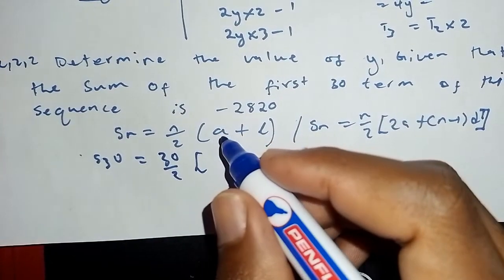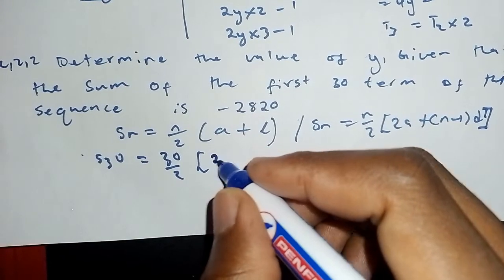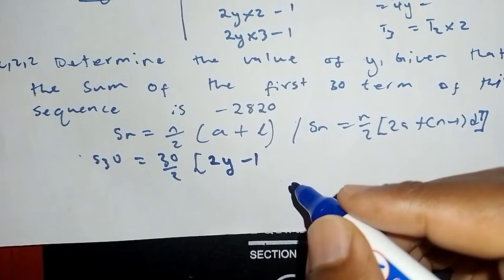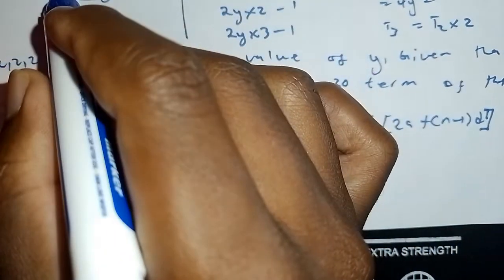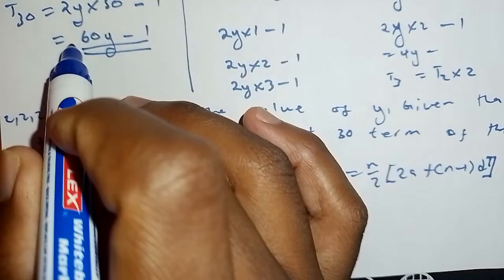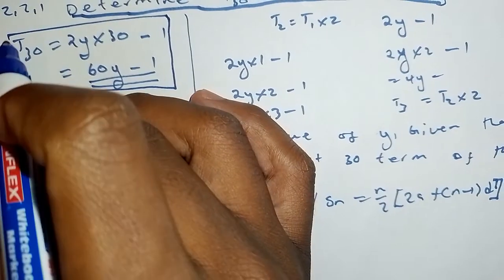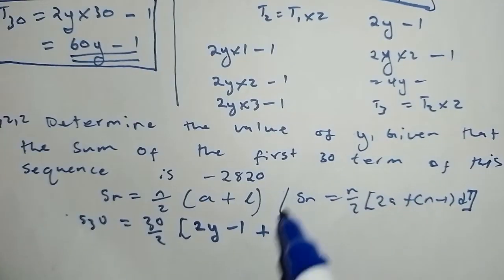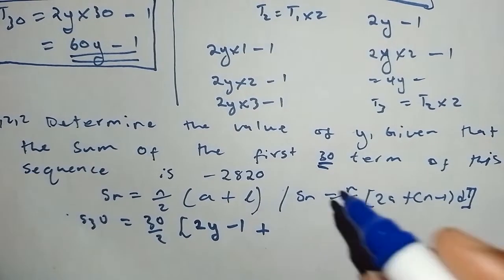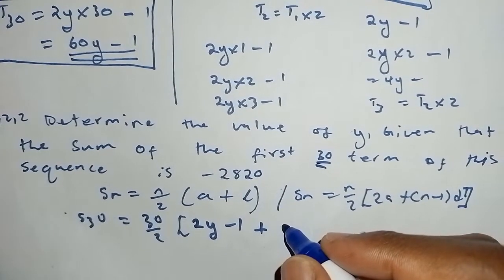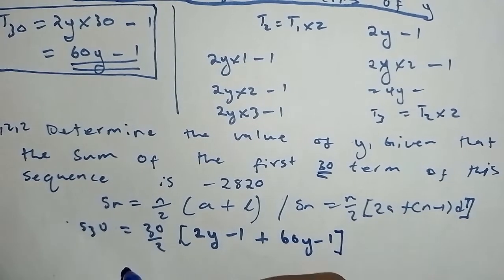A, I have 2y minus 1, plus, look at this, this is my last term. Why do I say that is my last term? They say the sum of the first 30 terms. Okay, I'll have 60y minus 1.